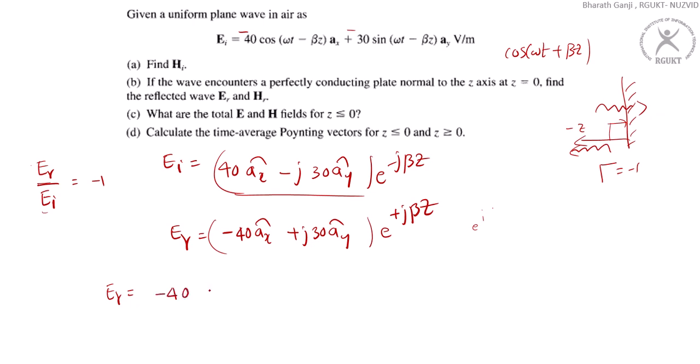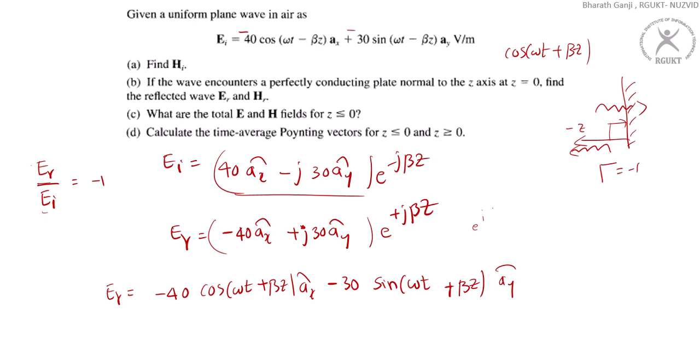It is minus 40 cos of omega t plus beta z in the ax cap direction, and for the j you get cos of something plus pi by 2, so you get a minus sign here again: minus 30 sine of omega t plus beta z in the ay cap direction.